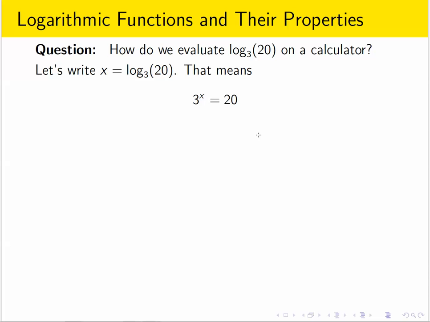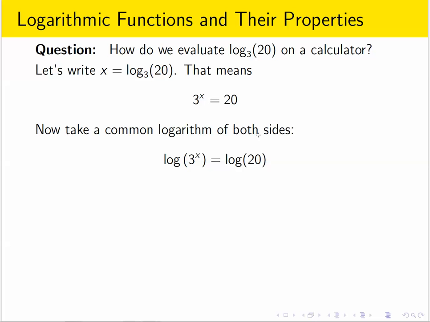Now, I know how to work with common logarithms, so let's do that. Let's take a common logarithm of both sides, log base 10, because we have a button for that on our calculator, so I'll be able to take advantage of that later on. Now, the reason to use a logarithm here is because I can use that property of logarithms that lets me bring the exponent out front.